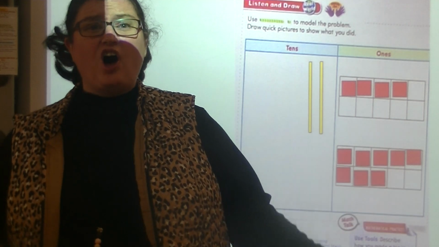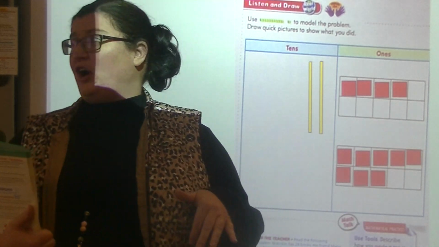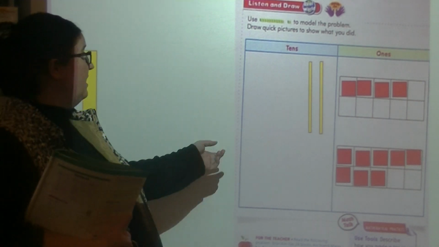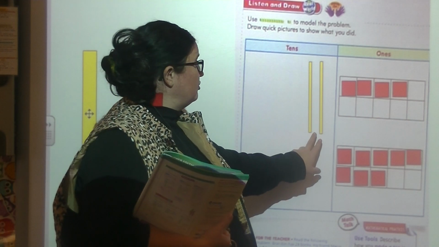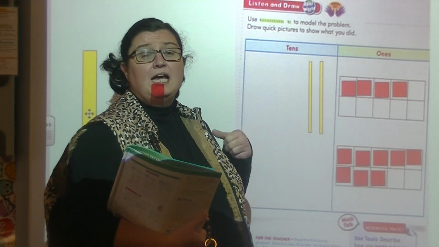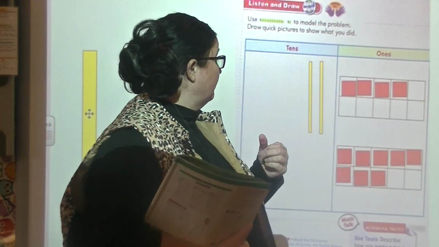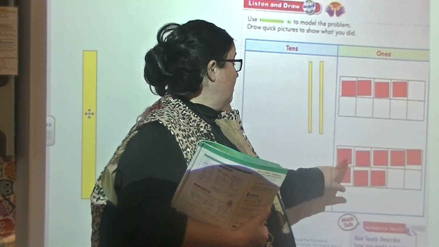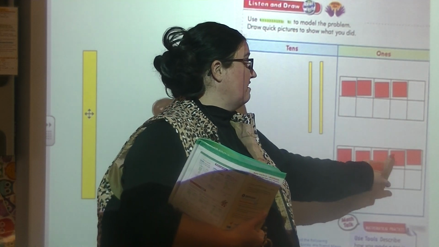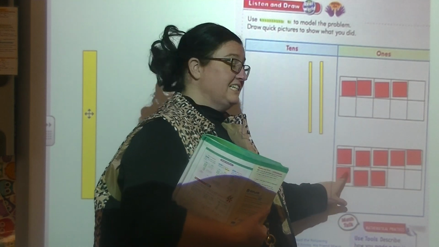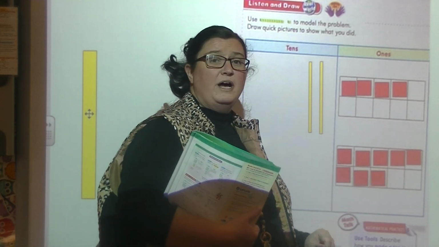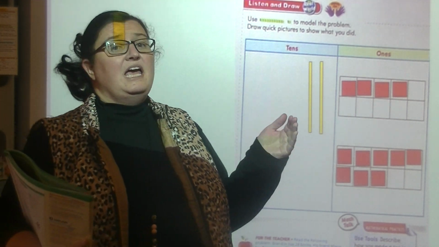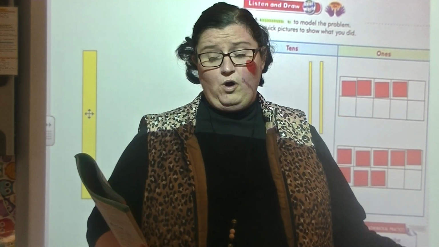That means all together. All right, so if I look at my problem, all together they have 2 tens, and let's count how many ones. Ready? 1, 2, 3, 4, 5, 6, 7, 8, 9, 10, 11, 12. So altogether they have 2 tens and 12 ones, right?